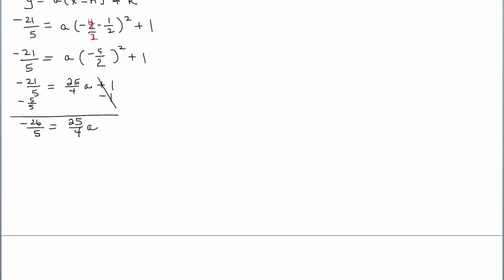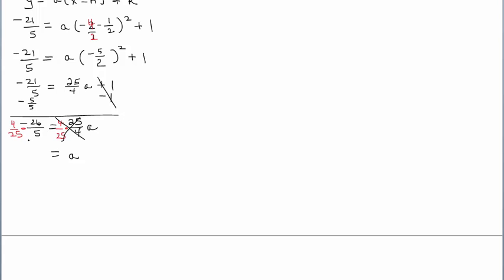Okay, and then I guess I'd multiply by the reciprocal. I'm going to get a by itself by multiplying both sides by 4 over 25. Alright, these will cancel. a equals, I don't see anything that divides out. I can't divide 25 and 26.